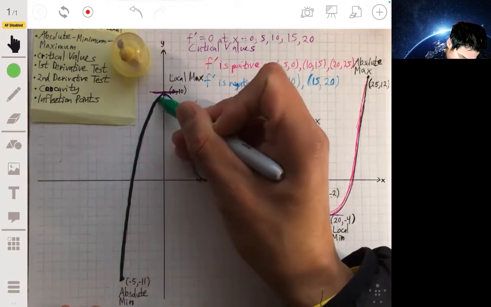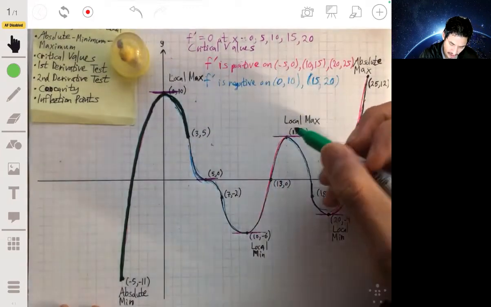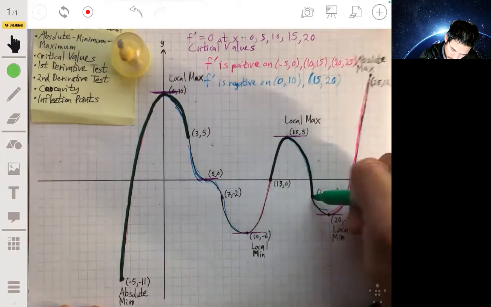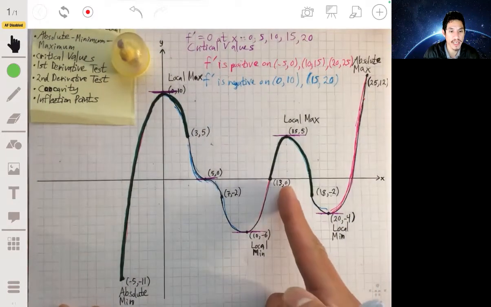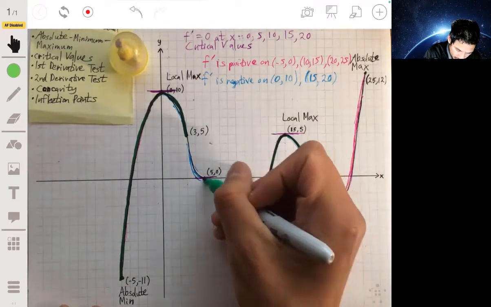On this region right here on this interval, and on this interval to here, we have it's concave down on those two parts. Just looking at the shape, it's also concave down here.